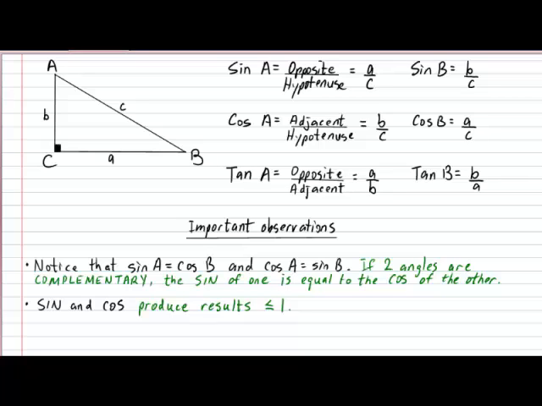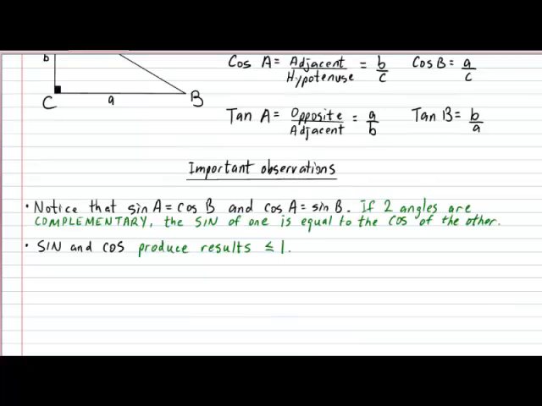So therefore, in the sine and cosine ratios, the numerator can only at most be equal to the denominator. It can never be larger. Therefore, the ratio formed by sine and cosine should always be smaller than 1 or equal to 1, but never larger, because the numerator will never be larger than the denominator.